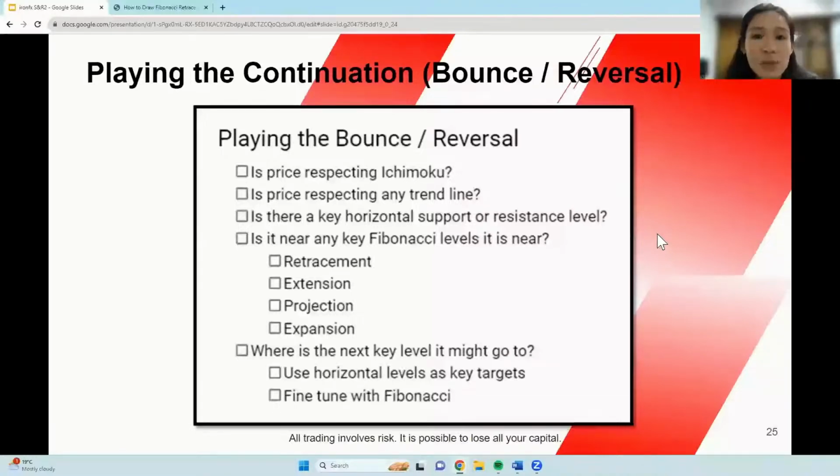When you find a couple of levels that match up at the same area, it doesn't have to be a level, it can be an area, as long as it's close together. Then that is more confirmation that your analysis is correct and that price is likely to be attracted to that level.